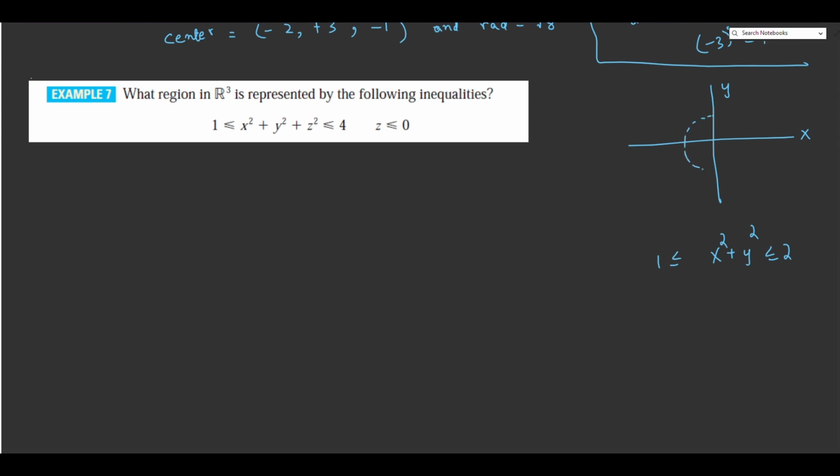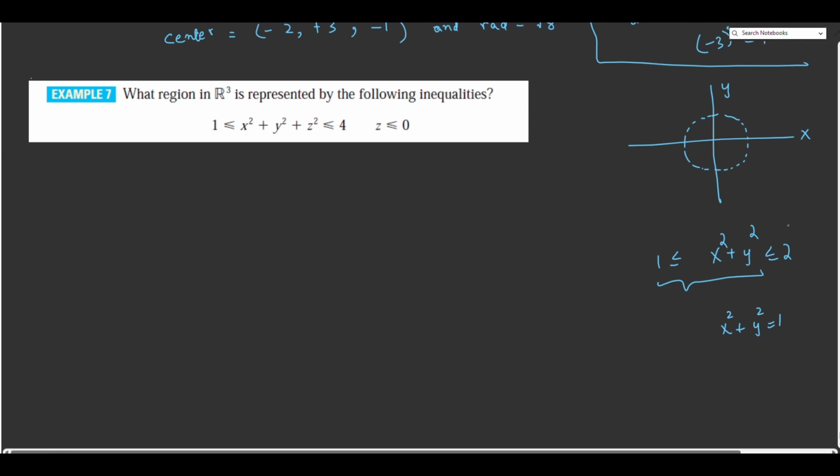The first one will be a circle. If we consider only this, that is x square plus y square equals 1, this is a circle, the center is the origin, and the radius equals 1. And the other one is the following.